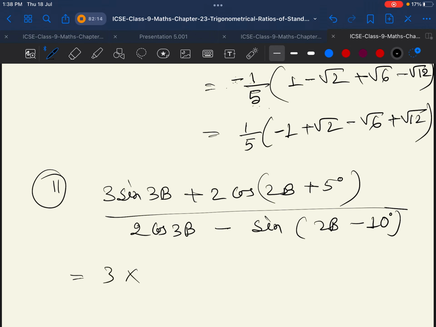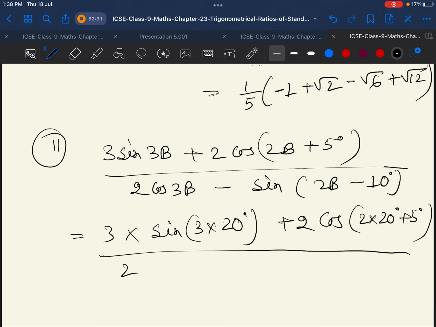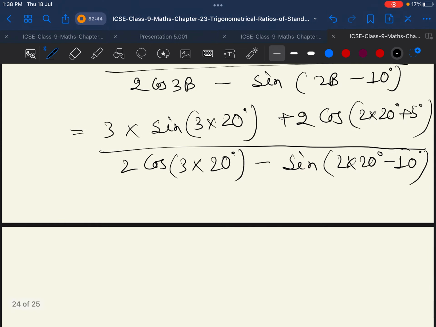So we put the value of b: sin 3 into 20 plus 2 cos (2 into 20 plus 5 degrees), by 2 into cos of 3 into 20 minus sin (2 into 20 minus 10 degrees).